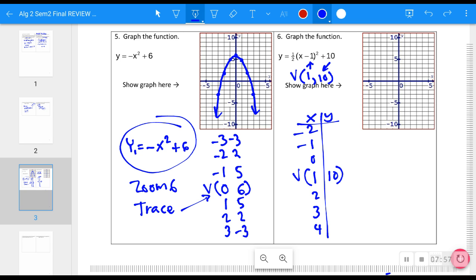Okay, at 1, we have 1, 10, and on either side it goes up to 10.5, 10.5. It looks like most of this is going to be off the graph I chose, so this problem was poorly chosen. But anyway, you get 1, 10, and then it goes up to 10.5 right here. And then this little parabola is going to be shooting up like that.